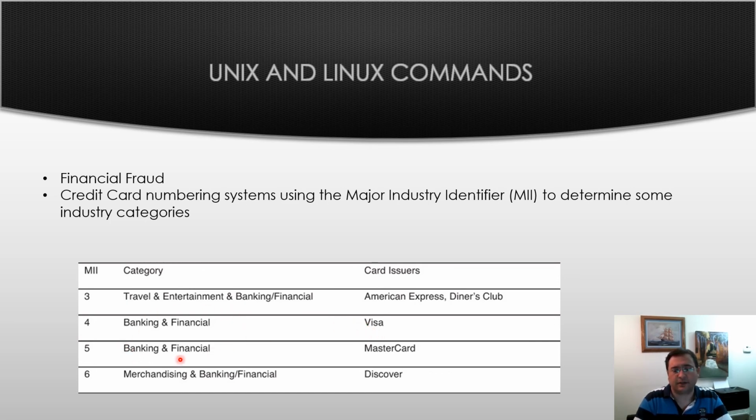The type is changed. And if the number starts with 5, then the card is a MasterCard. So this helps you investigate and find certain types of credit card numbers or certain credit cards.